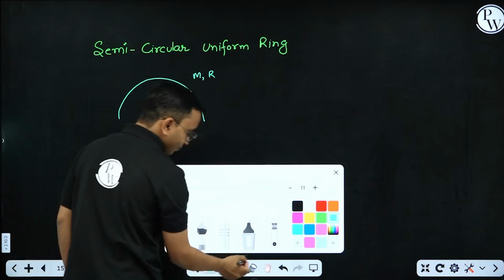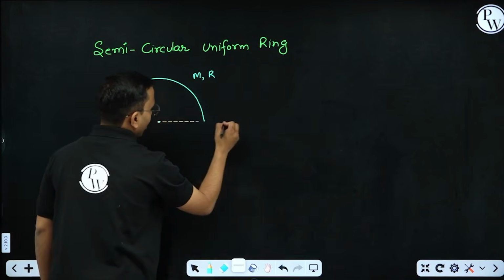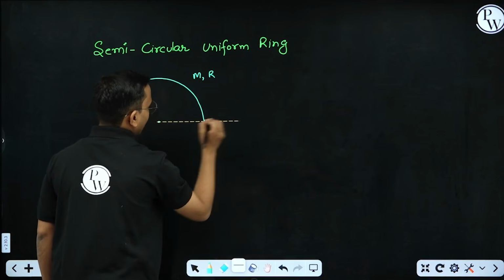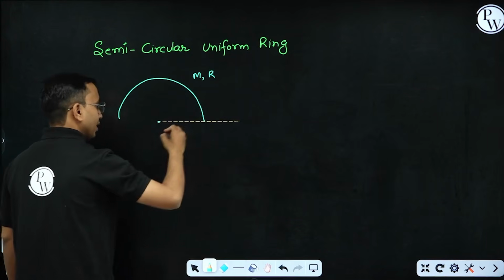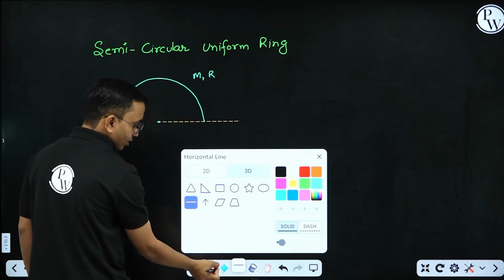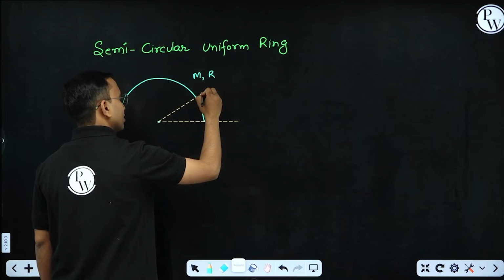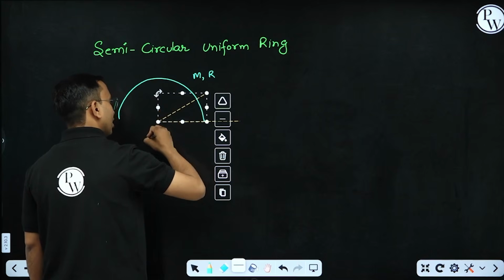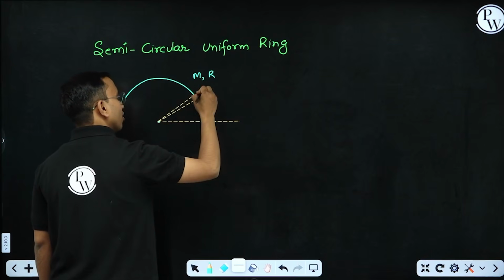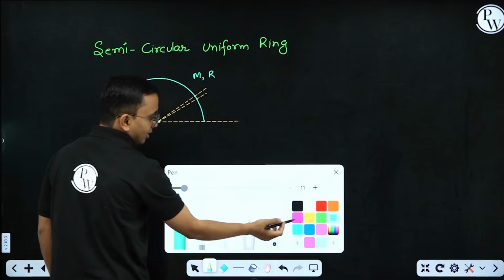So what I'll do, first of all, let's draw, this is my x-axis. At an angle theta from here, I'll take one small section of this ring which makes an angle d theta at the center.